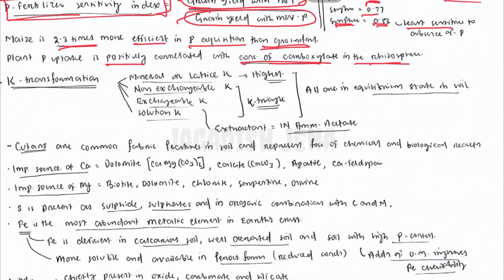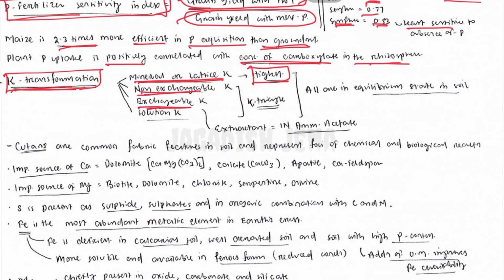Then potassium transformation. Another major nutrient is potassium, and let's discuss potassium transformation. There are four major forms of potassium. One is the mineral form or lattice form, that is mineral potassium, and this is in the highest concentration in the soil. Then another form is the non-exchangeable form. So from the mineral form, it converts to the non-exchangeable form.